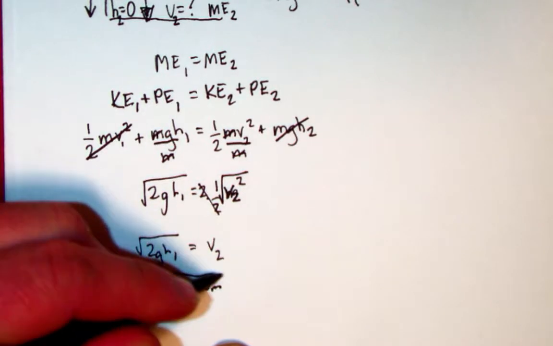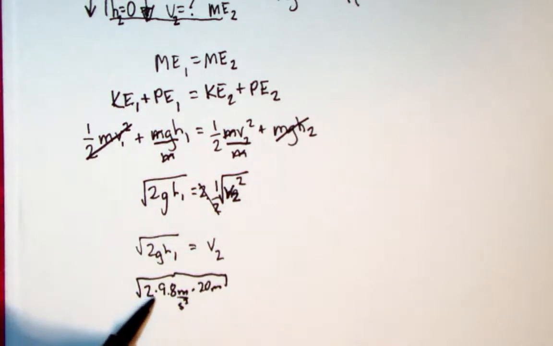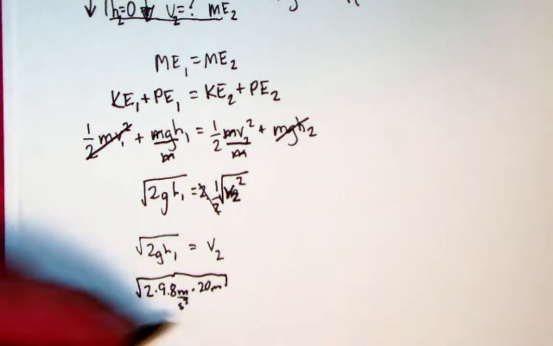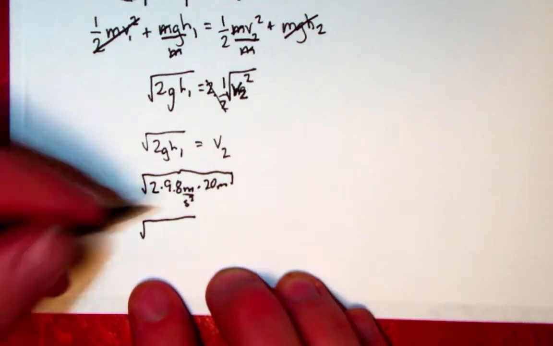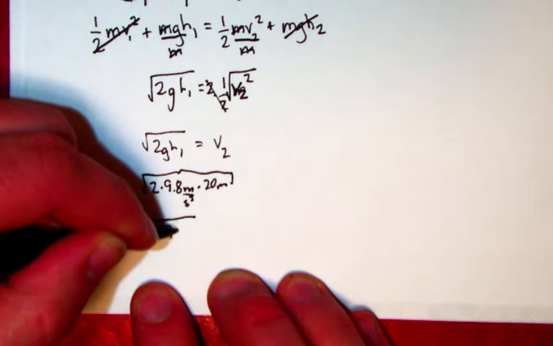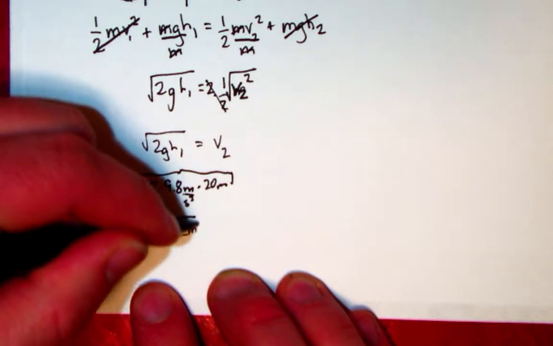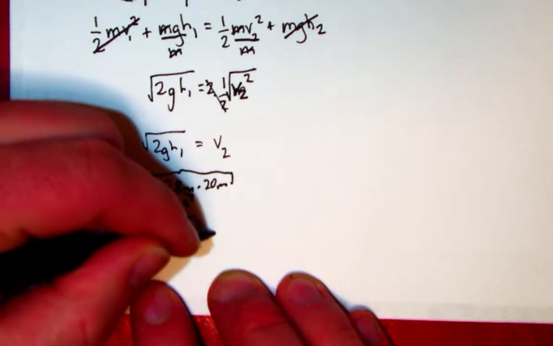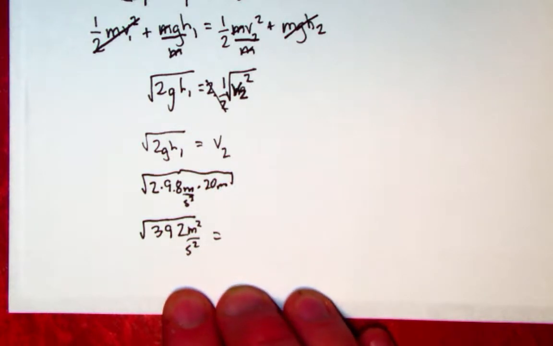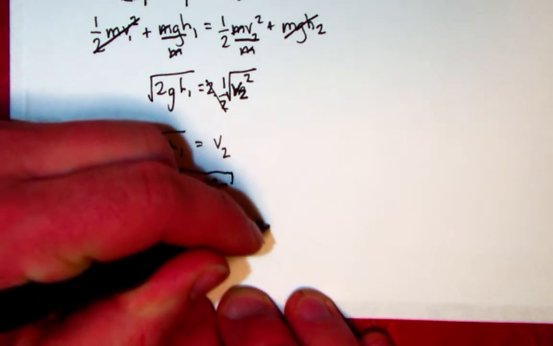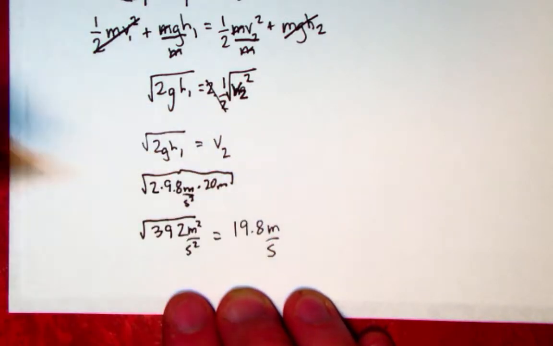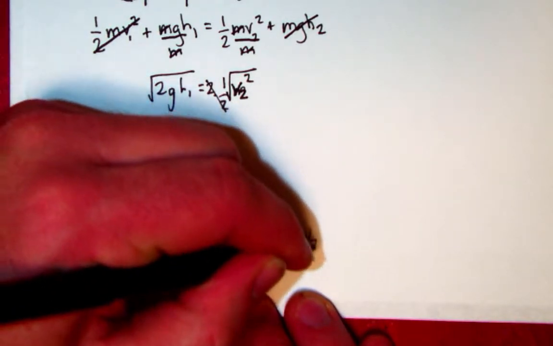That's all under the square root. And so that's going to be 19.6 times 20. So that's going to be the square root of 392 meters squared per second squared. And when I take that square root, I end up with 19.8 meters per second for v2.